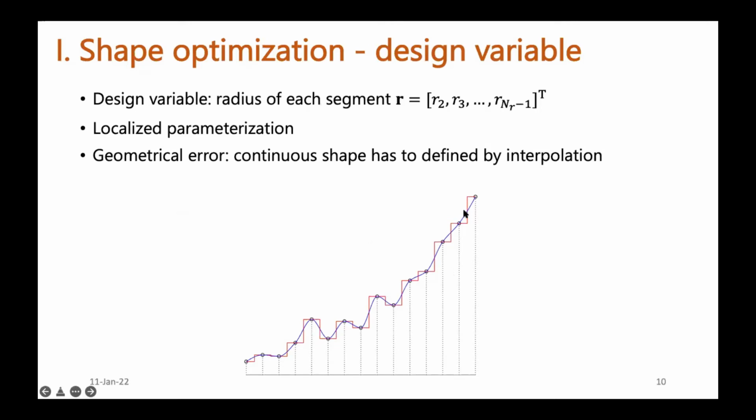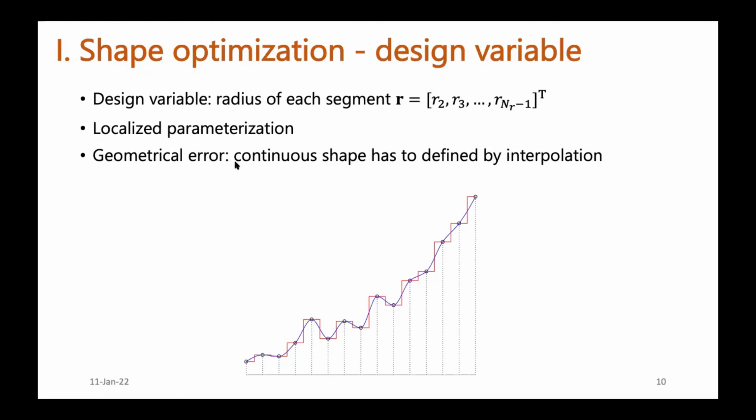In a forward problem, a continuous shape is sampled to get these segments and the radii. And now we reversely use these radii as design variables.